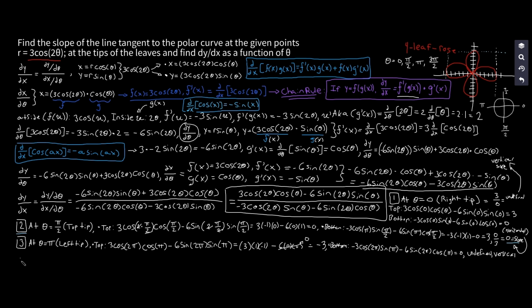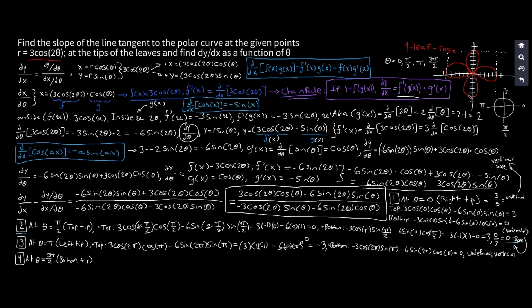And let's do the last one, because we're going to investigate what happens at theta equals 3 pi over 2. That's going to be the bottom tip right here.